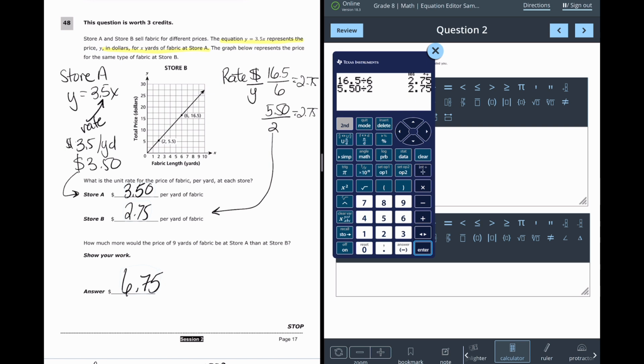So you can see I have my work there. I can see how I got my yards for each one because I'm already pre-thinking, priming myself to get ready to show my work. All right, my last part, I need to know the price difference.